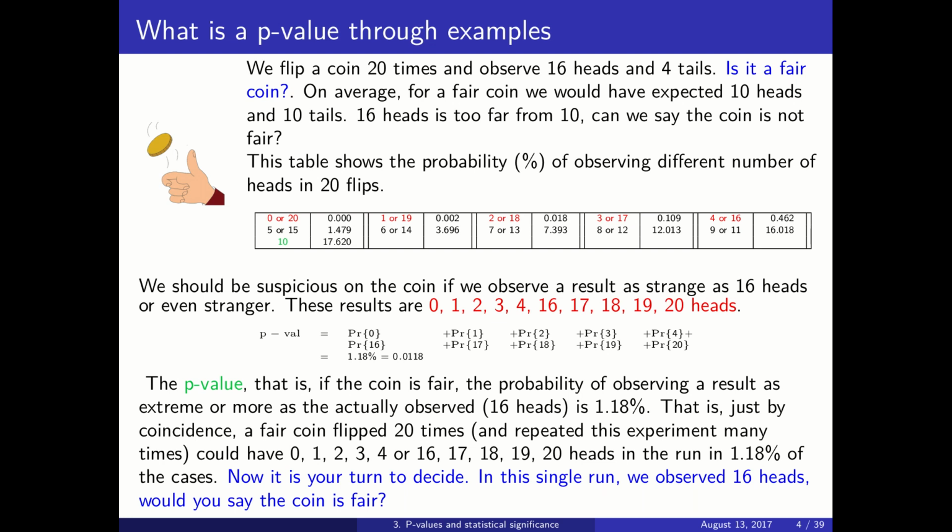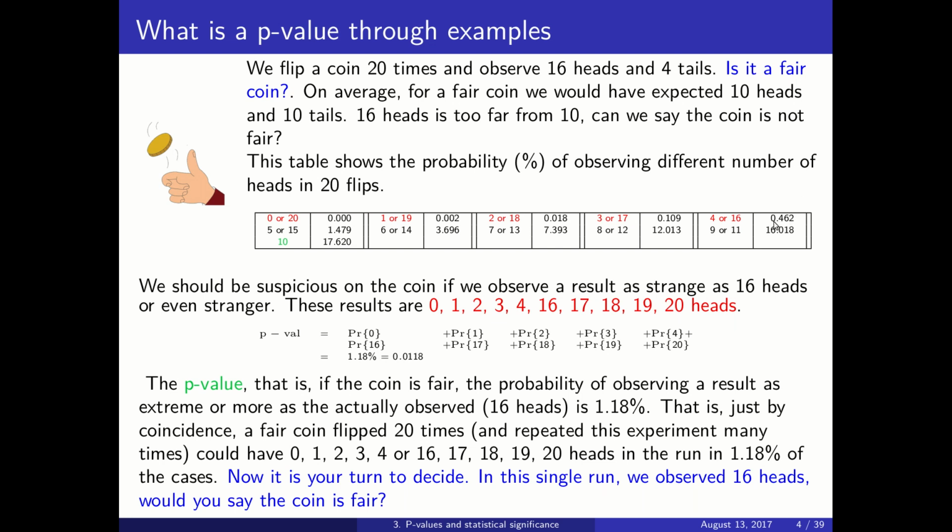Now we have flipped our coin 20 times and observed 16 heads, and we can compute the probability of observing, if the null hypothesis is true, that is, the coin is fair, a result that is at least as extreme as the one we have observed. We have observed 16, so at least 16, or 17, 18, 19, 20. We have all these probabilities that we have calculated here.